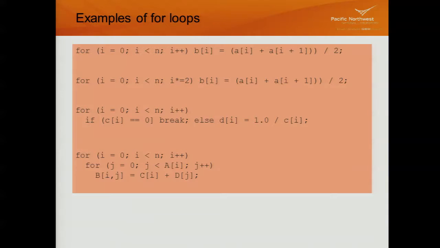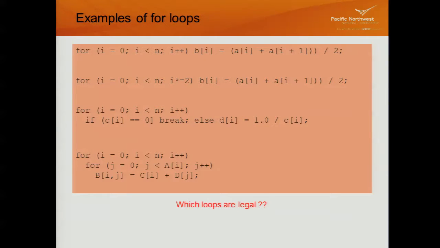Okay, so here are examples of a bunch of loops. The first one is I equal to 0 to n, I plus plus, and it simply assigns b of I to a of I plus 1. The second one, I goes from 0 to n, but it's I equal to I times 2. Again, the same computation, b of I equal to a of I plus 1.